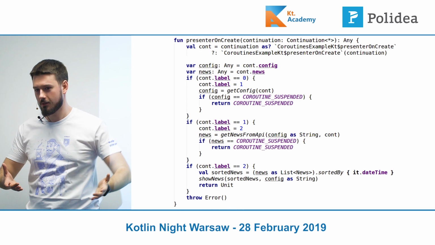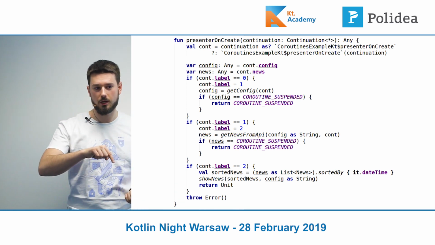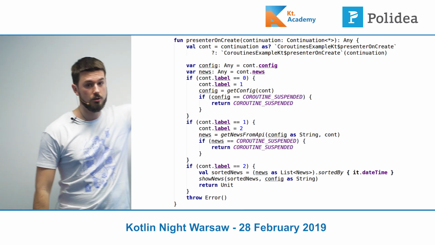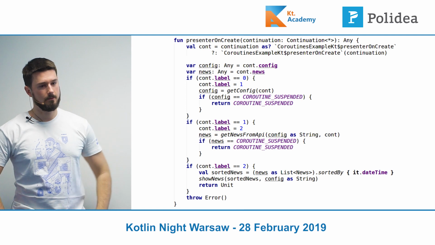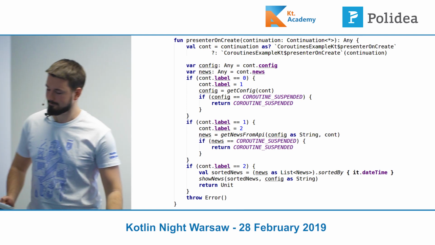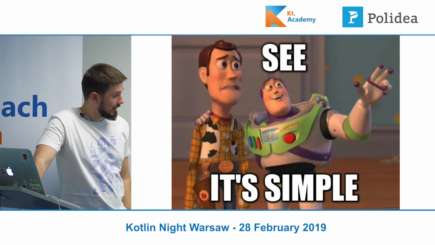But we can do that. And if we then deserialize it and call resume on this continuation, we would resume our function exactly where it was stopped. Magic. So, as you can see, it's simple.